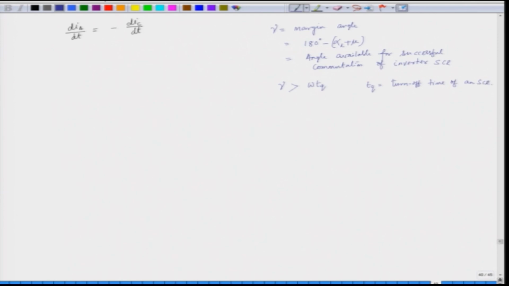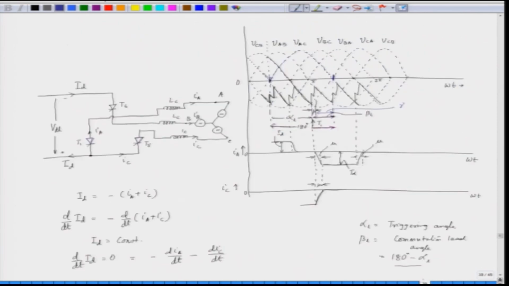Let us just come back to our analysis of commutation. So, we saw that this is our equation, that the rate of change of current is equal and opposite. Now, if we go back here, we have a loop in this case, which is like this.